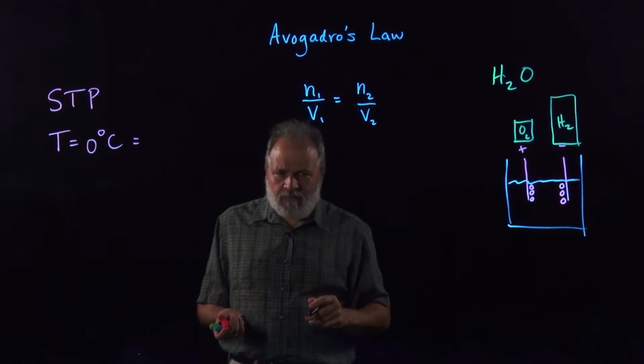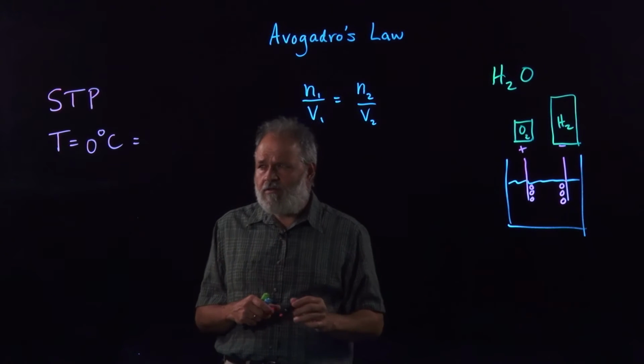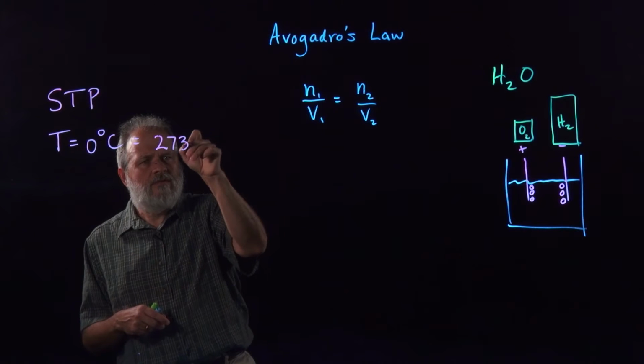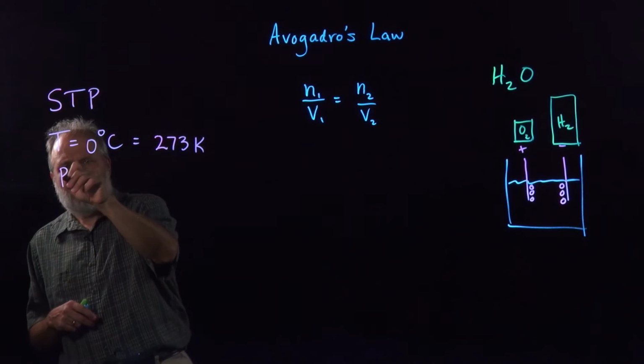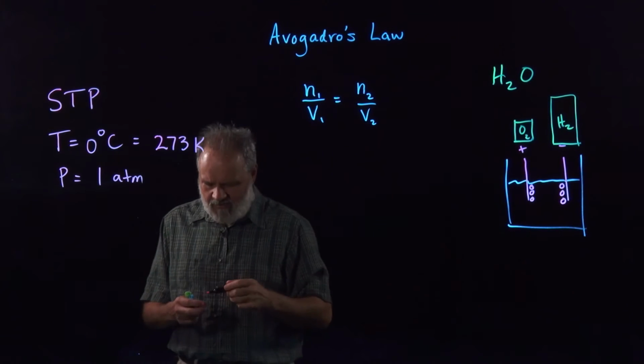One would think maybe room temperature would be the standard temperature, but it's not. They chose the freezing point of water as 0 Celsius, which of course is 273 Kelvin. The standard pressure is 1 atmosphere, so that makes some sense.